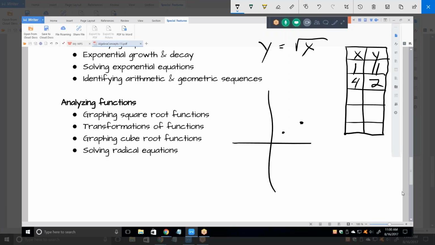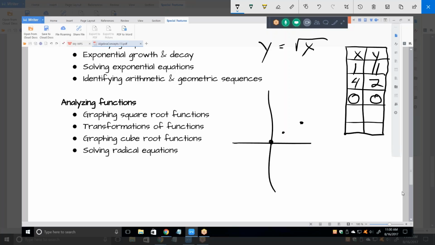Let's go back. What's another number for X less than 1? 0. Okay. What's Y when X is 0? It's 0. And that's a very important point. That's the starting point of our curve.